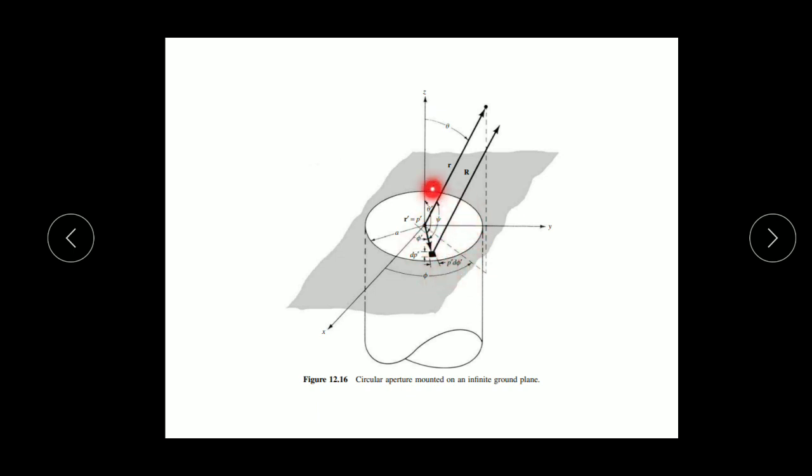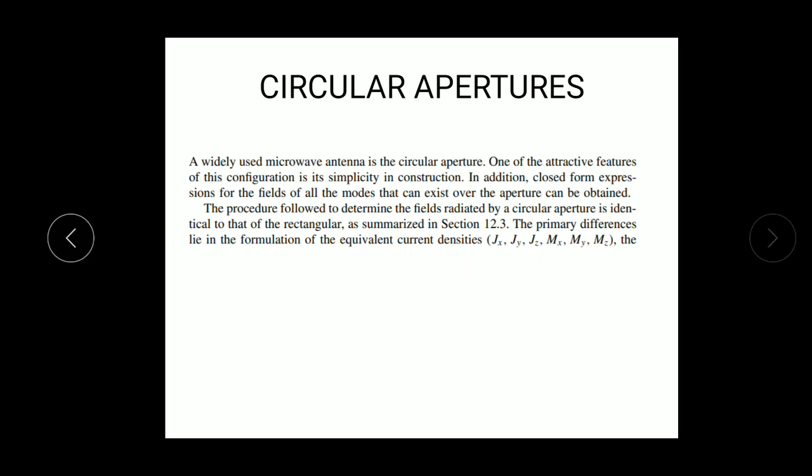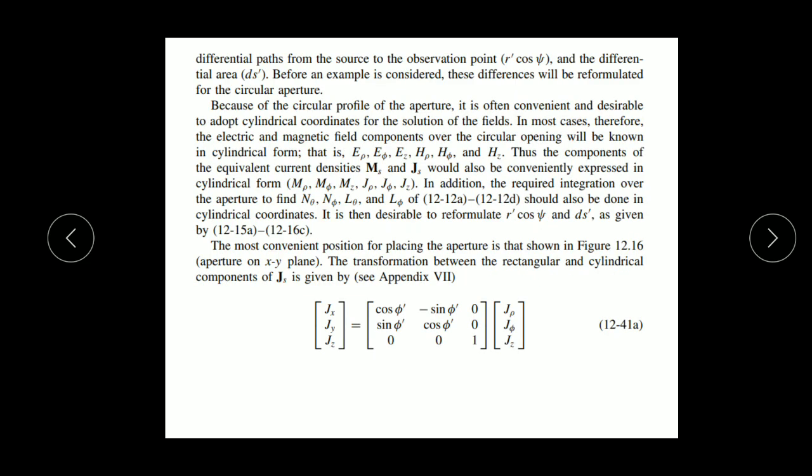This is the coordinate of the cylindrical system. The difference path from the source to the observation point, r dash cos psi, and the differential area ds. Before an example is considered, these differences will be reformulated for the circular aperture.